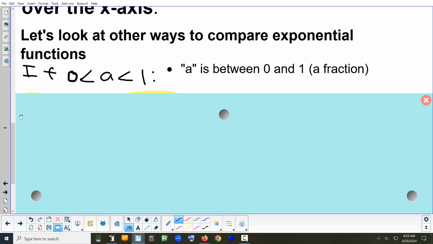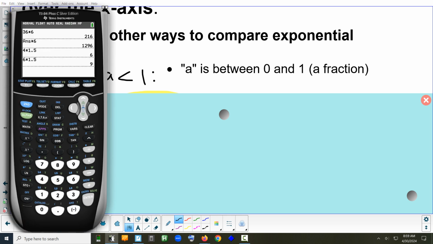And that's because, well, let me show you. On a graph, when something gets smaller, let's do y equals 1, we'll use that for a, times 1/2 to the x. So in this case, my b value is 0.5. Okay, watch what happens when I do that. Let me fix that.